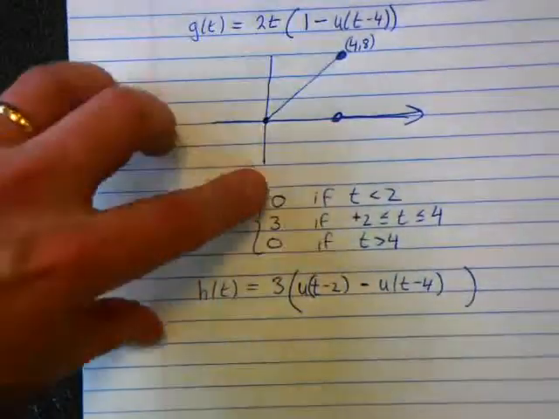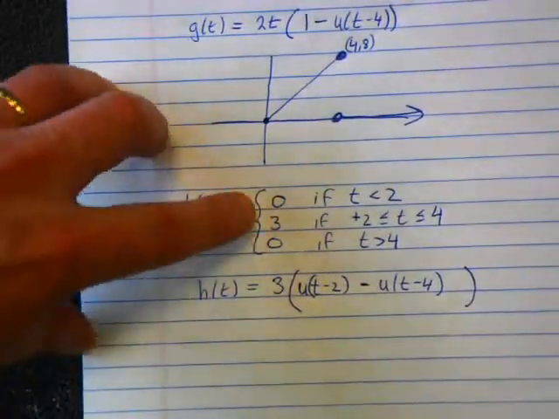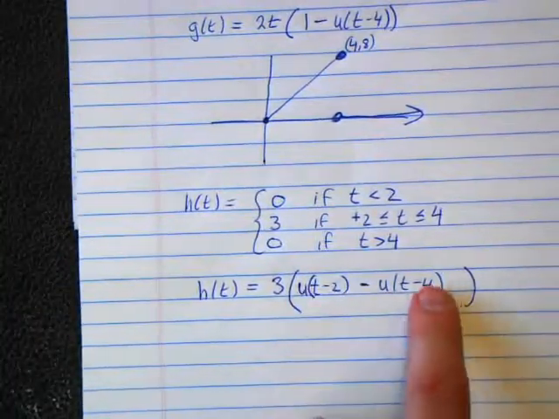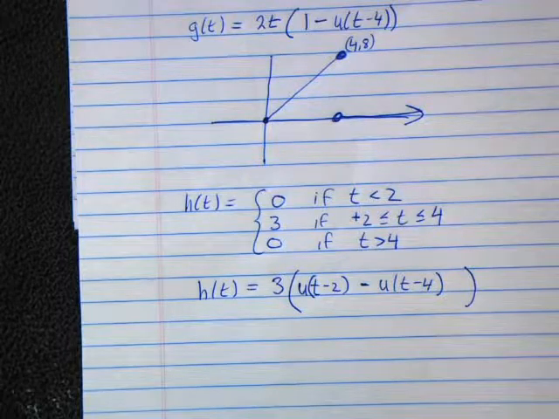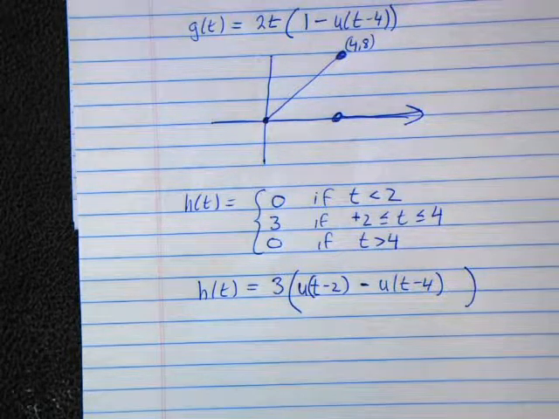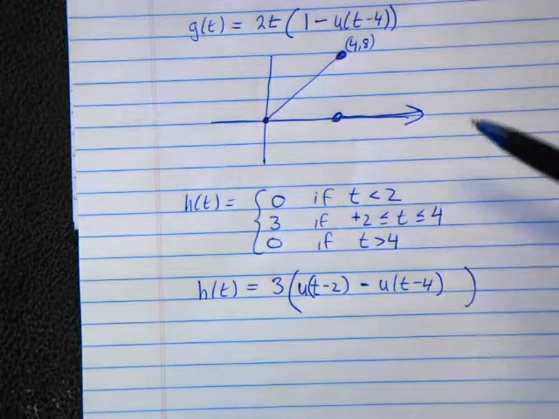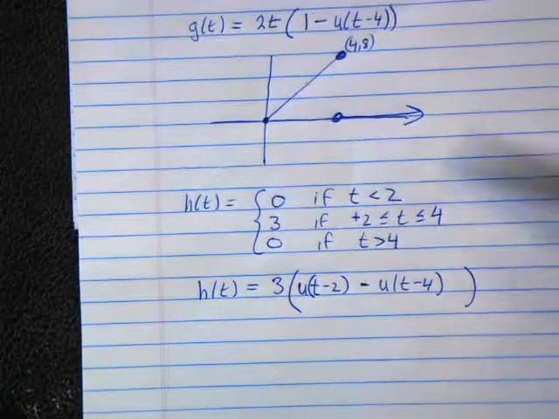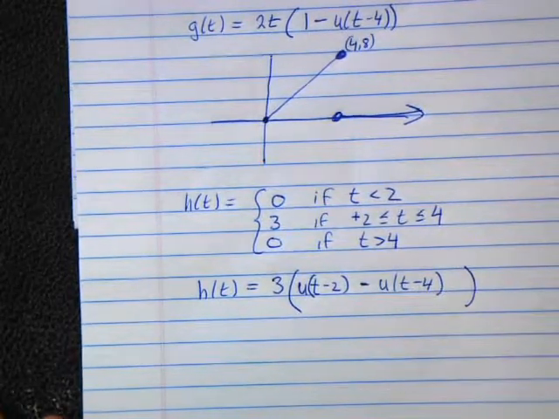If you want 0 at the beginning and 0 at the end and the switch to be on in the middle, you subtract the 2 u things. It has to be the first one first minus the second one second. Correct. So since the 2 comes first, it's the u minus 2 that comes first. Since the 4 comes later, it's the u minus 4 that comes later.